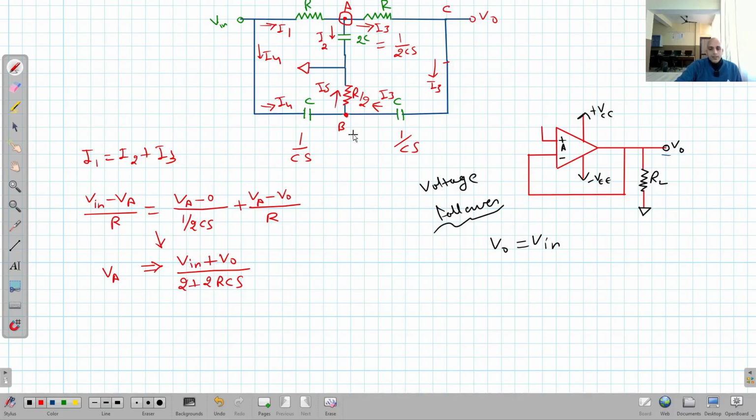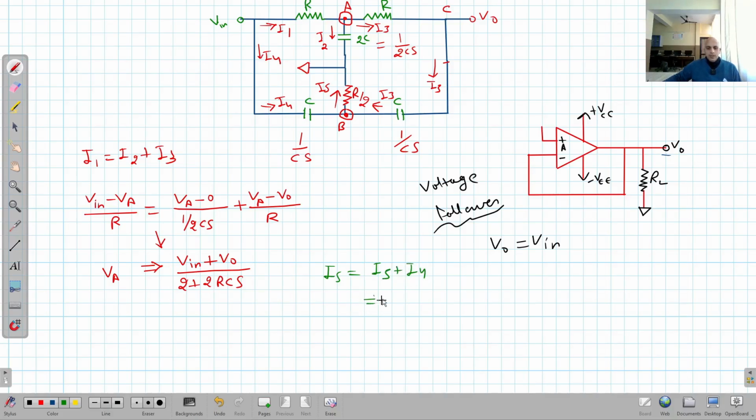Similarly, we will apply Kirchhoff's current rule at node B. You can see at node B, I5 is equal to I3 plus I4, as I told you in the beginning also. So again the same thing: I5 is equal to I3 plus I4.